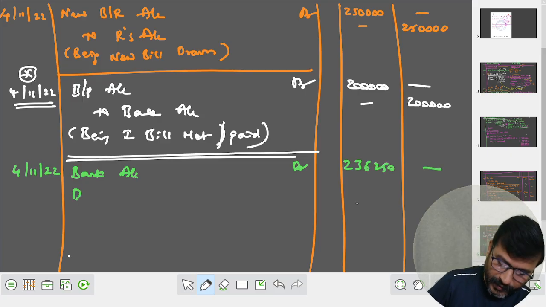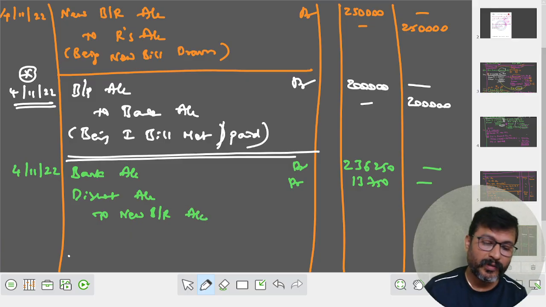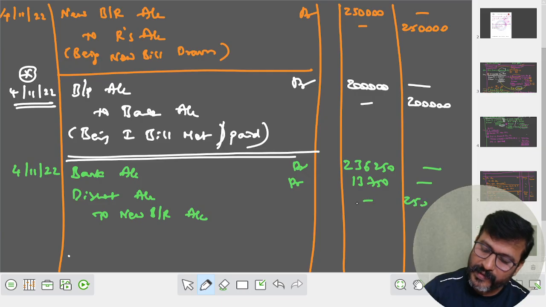There is a discount account debit 13,750, to bills receivable account, an amount of rupees 2.5 lakh.